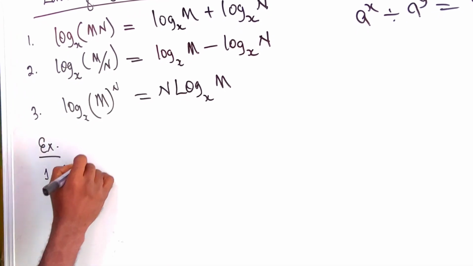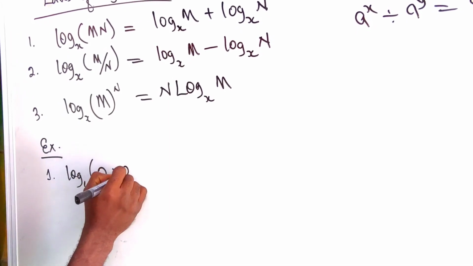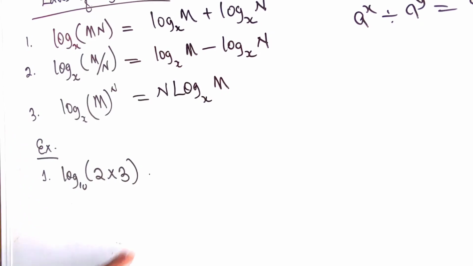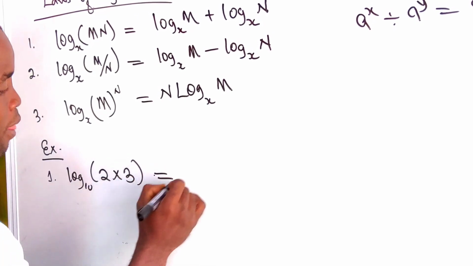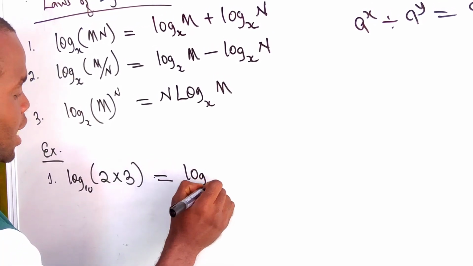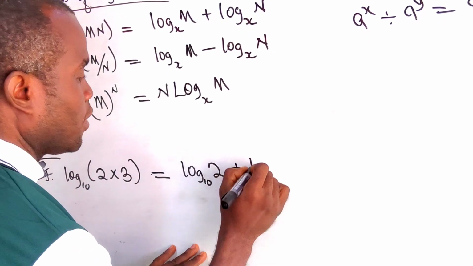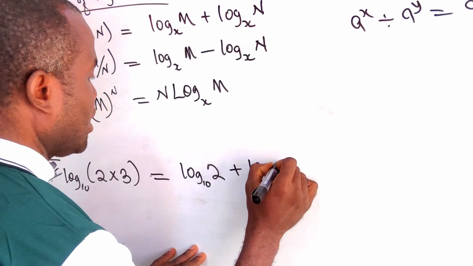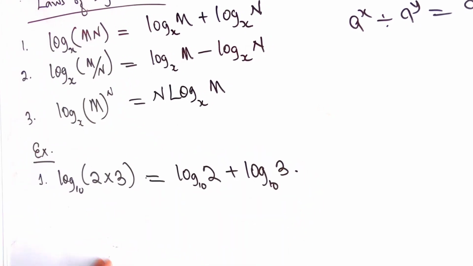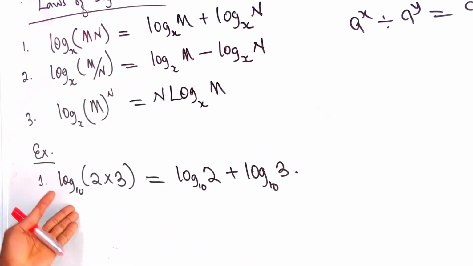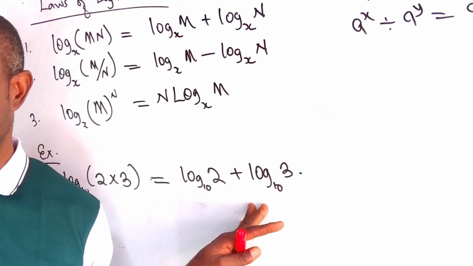Let me write it: log of 2 multiplied by 3. This is the same thing as log base 10 of 2 plus log base 10 of 3. So this can simply be expressed as this.